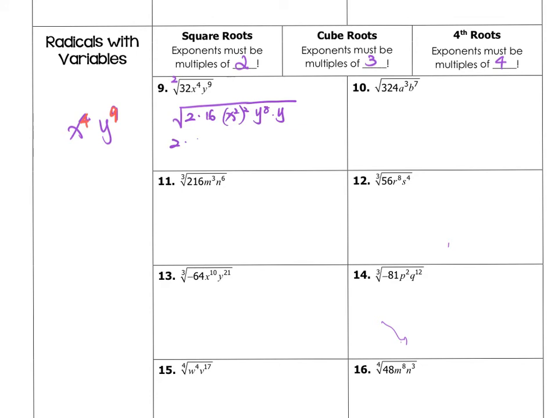So then I'm going to rewrite this again. 2 times 4 squared, the x squared is already there. And if I want y squared, y raised to the 8th power, I have to rewrite it as y squared raised to the 4th power. And then finally, there's 1 y.